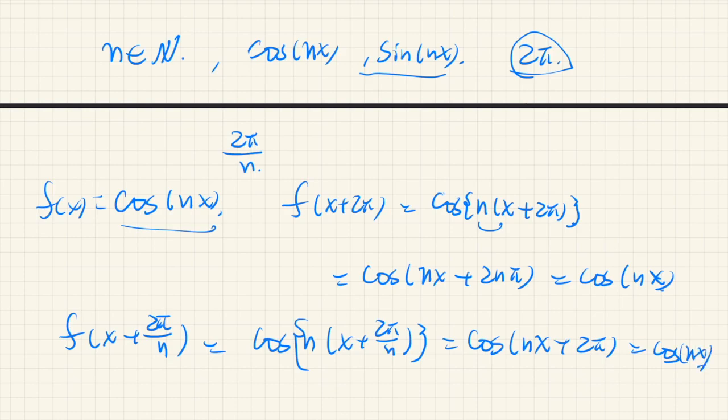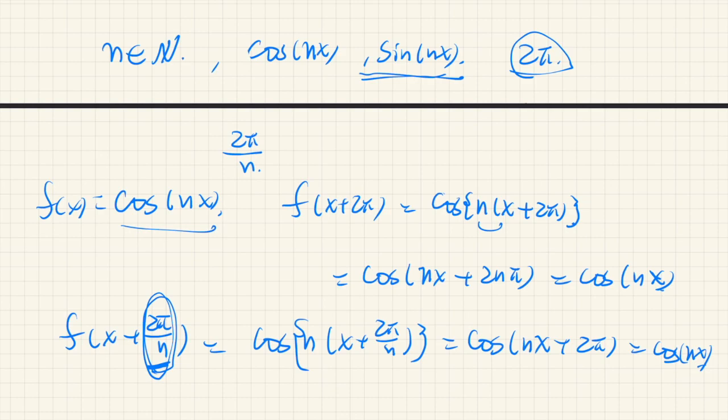And if this constant is less than this value, then this equality doesn't hold. So 2 pi over n is the smallest period. Therefore, it is the fundamental period of this function. And the same applies to the sine function.